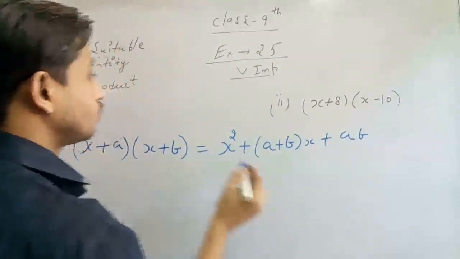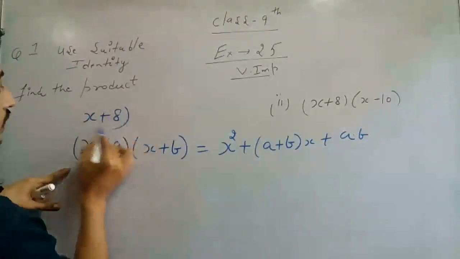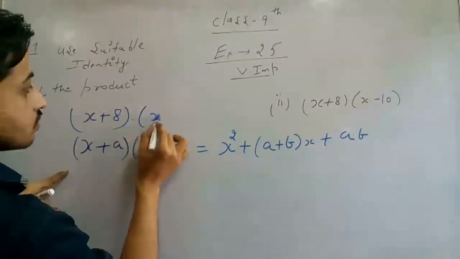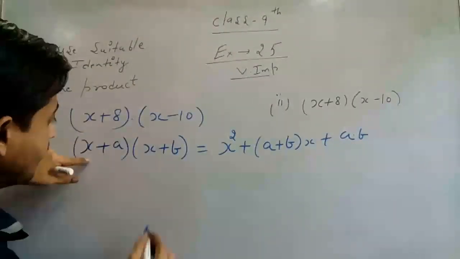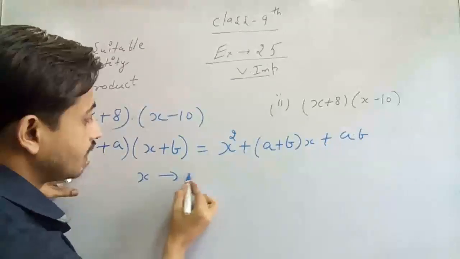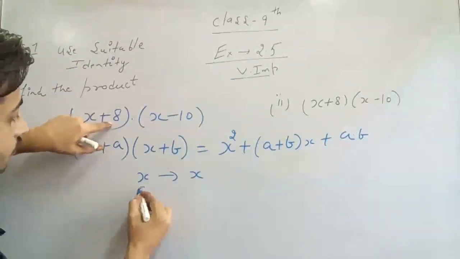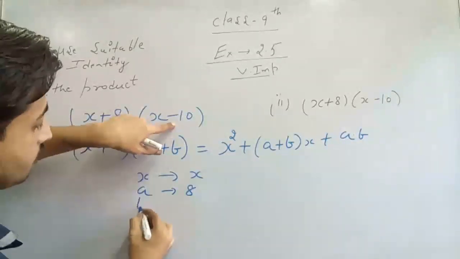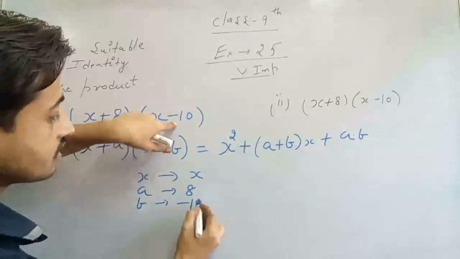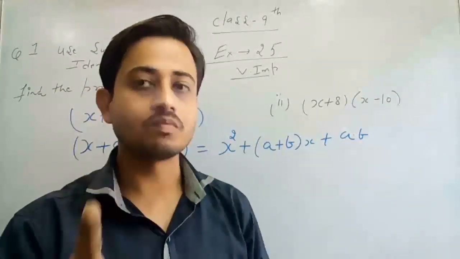Now compare it with our question, (x + 8)(x - 10). x is x, so we write x as it is. Now a is 8. Now b is minus 10, because we have to take the sign of the term also.